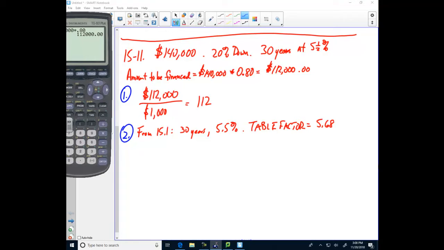And then step three, you multiply step one by step two, don't you? So this gives you your monthly payment, which is going to be 112 times 5.68. Calculator.